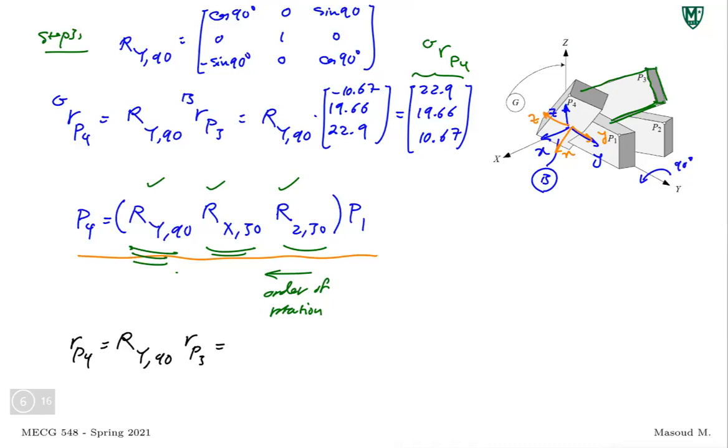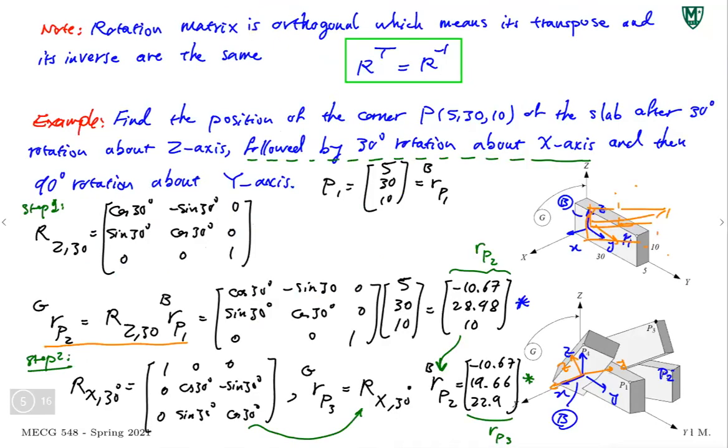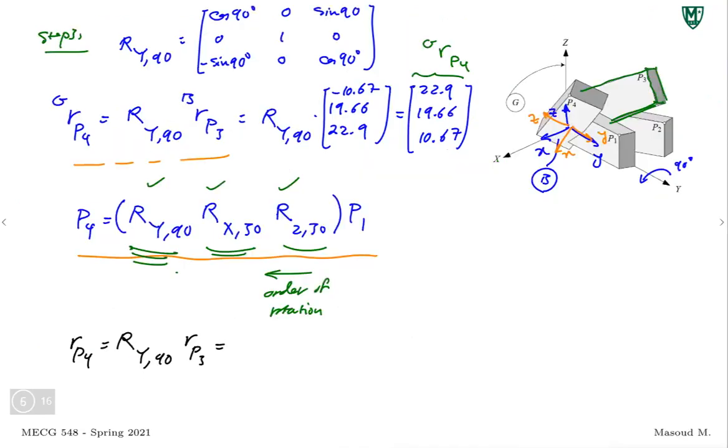This is the final step that we had right here. Now, RP3, from the previous step, we know that it's RX RP2. So if I plug it back here, this becomes RY90 times RX 30 degrees RP2.